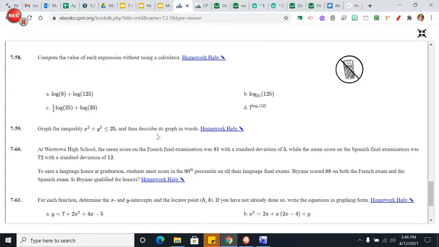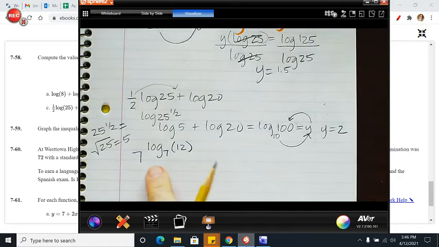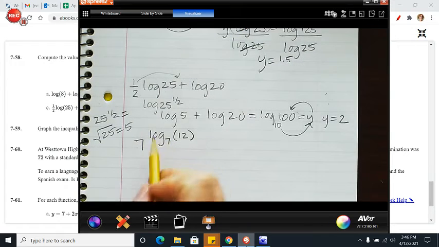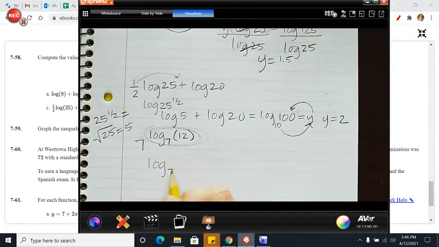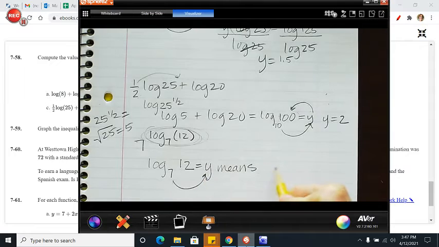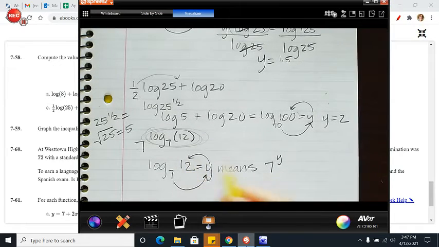This is a rule, we just haven't done it yet. Okay, the bases are the same here, so I'm going to look at just this right here. Base is 7 of 12. I'm going to say, what does that mean? That means that 7 raised to the y power equals 12.